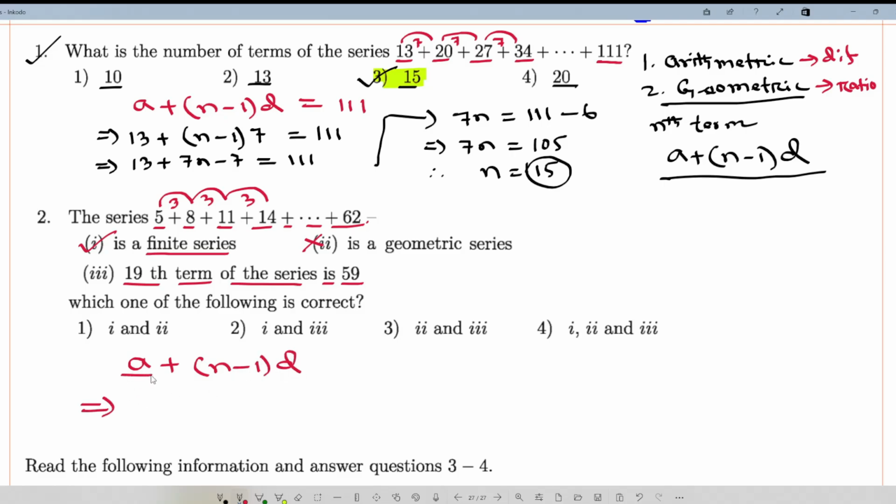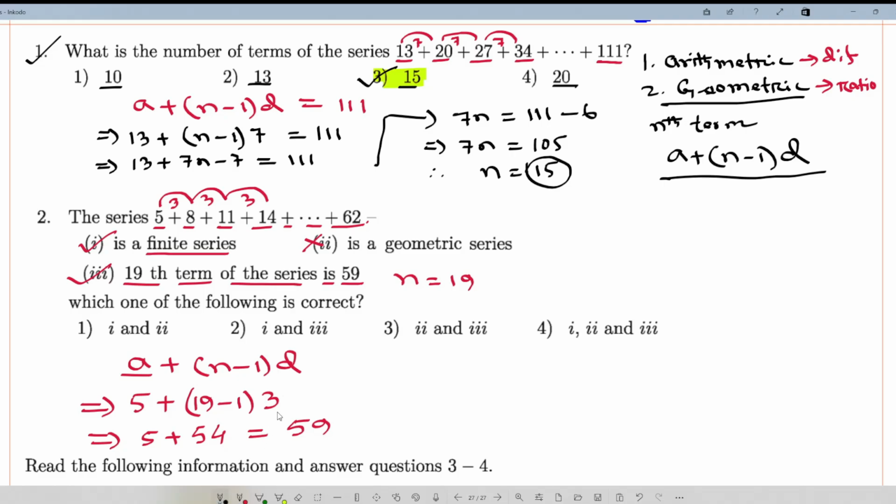A is the first term, which is 5, plus n, here n is 19, so we write 19 minus 1, and d is the difference between each term, which is 3. So we write 5 plus 18, since 19 minus 1 is 18, times 3. 18 times 3 is 54. So we get 59. So this is right.